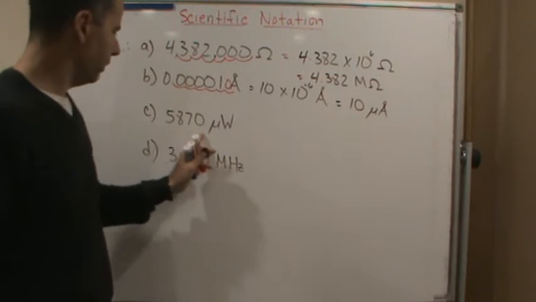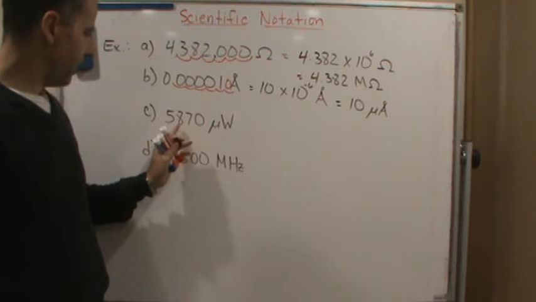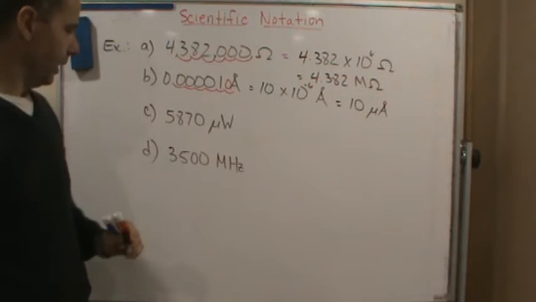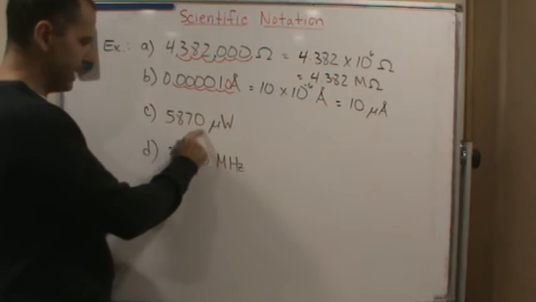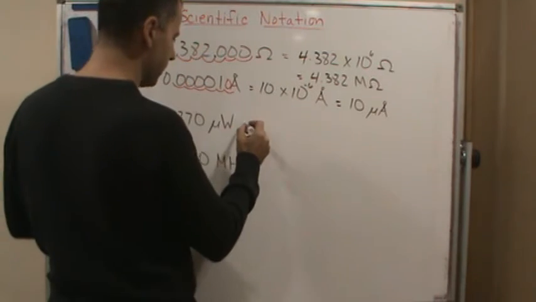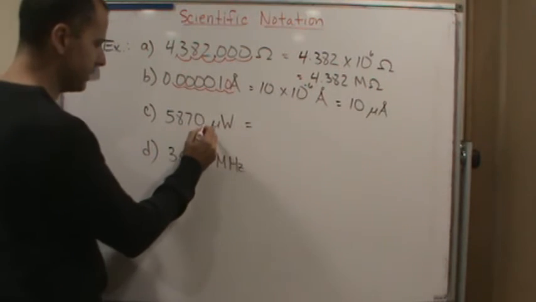Okay, so now here we've got 5,870 microwatts. Now this number is not in engineering notation. So let's put it in engineering notation. So again, the decimal point is here.